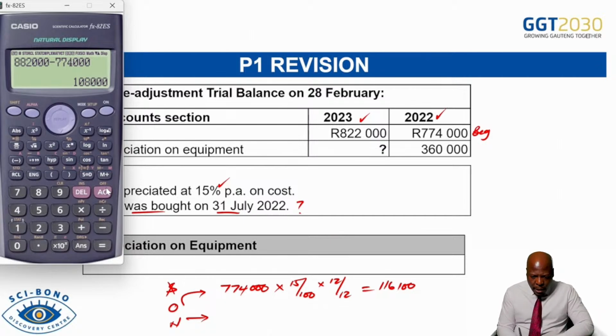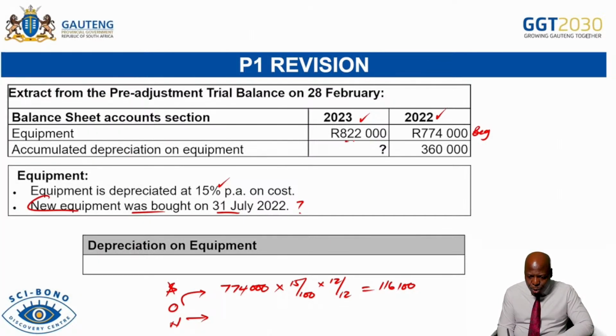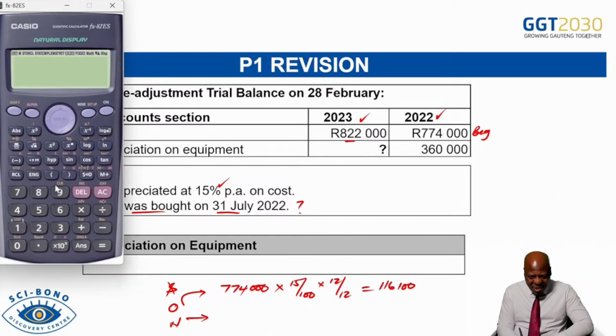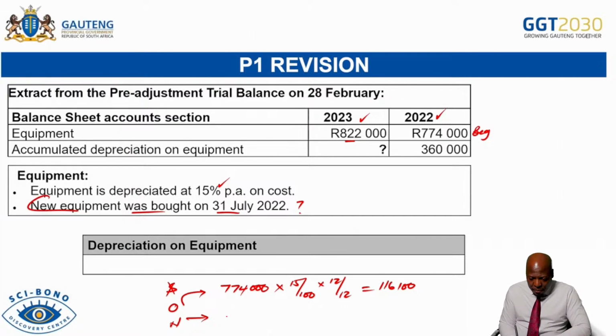I think I punched it wrong. It's 822, not 882. So it's 822,000, and then I'm going to subtract 774,000. That gives me 48. So the new one is 48,000. That is the new equipment. Then I'm going to multiply that by 15 over 100.